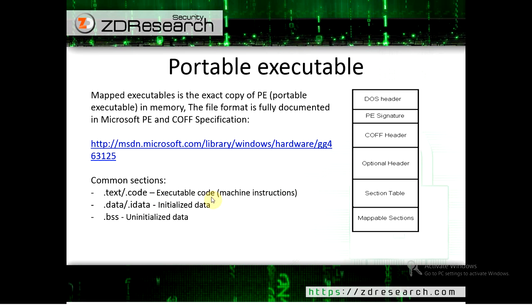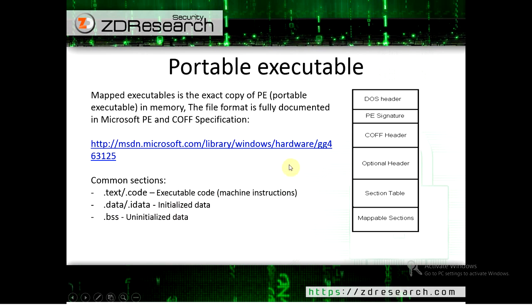For example, when you set a global variable to some string, this string is initialized in this section and statically compiled into it. And the BSS section is for uninitialized data, and most of the time when you open a module in the IDA disassembler, you see that it has a BSS section and it's empty.